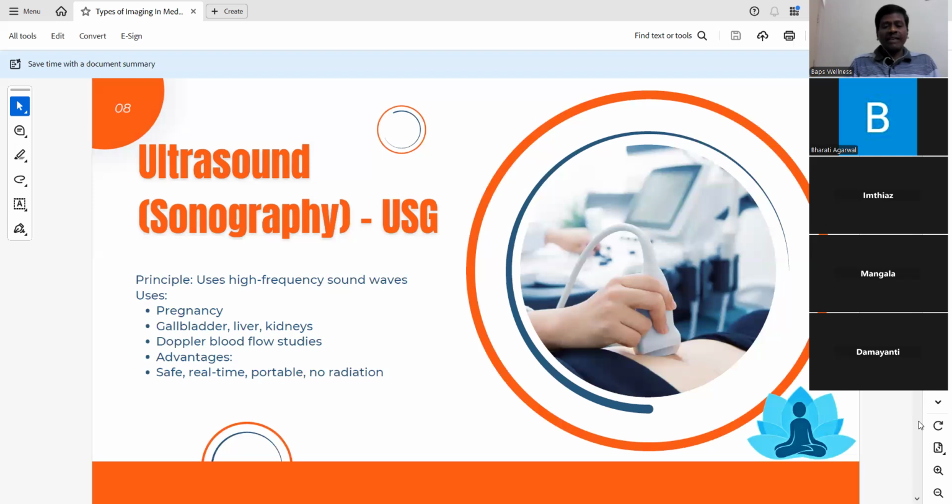And poor penetration through the bone or air-filled organs, that is lungs. Even you could have seen many of the reports of the abdomen and pelvis where they would have mentioned, because of the bubble gas, it's not fully seen. Body of the pancreas is not seen due to bubble gas.